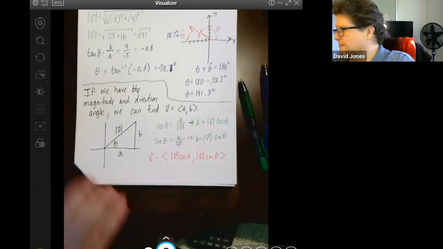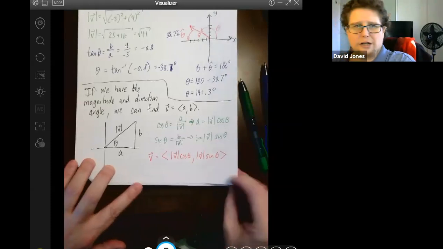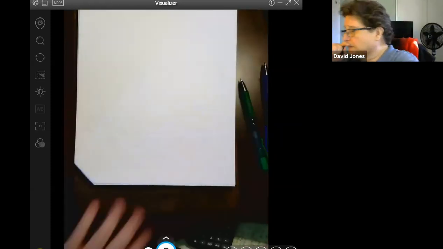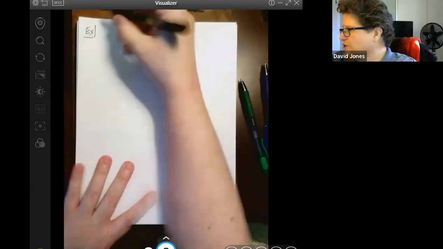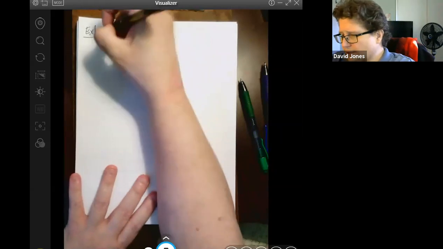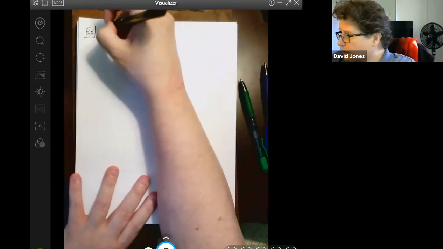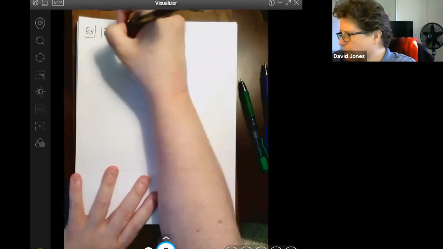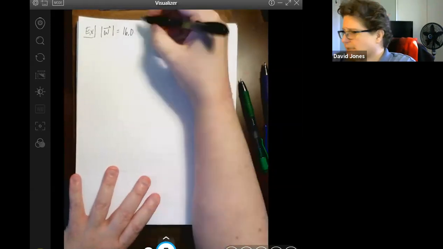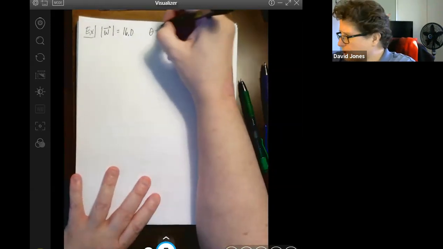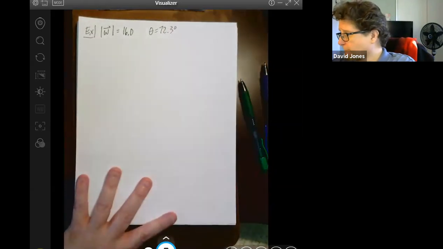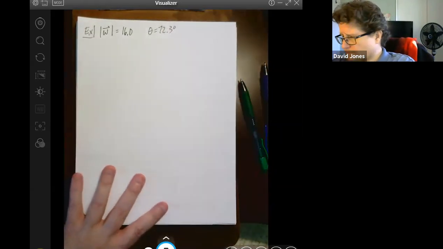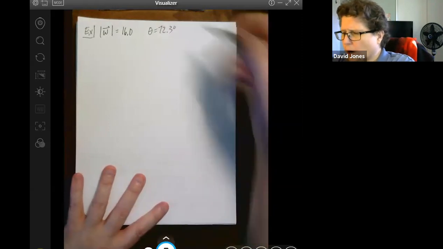Let's take a look at some examples. We'll do one together, then I'll have you try one. So our first example, we don't need to use B every time. Let's change it up. Let's go with W. The magnitude of W equals 16.0. And let's say theta equals 72.3 degrees. What quadrant is this in?